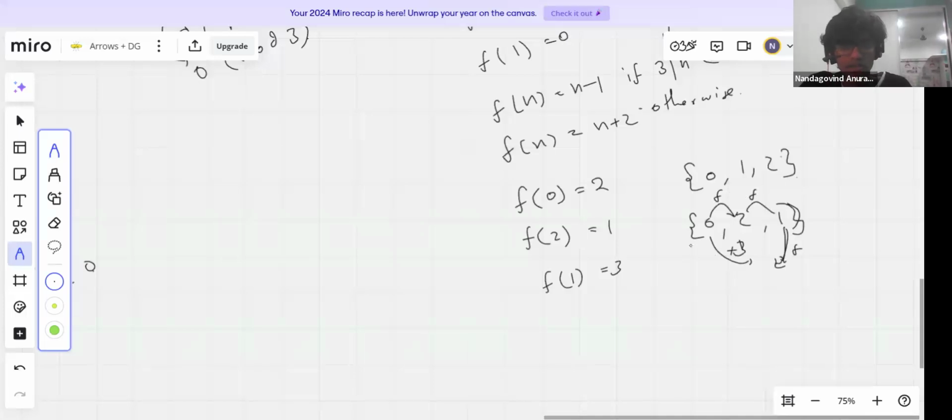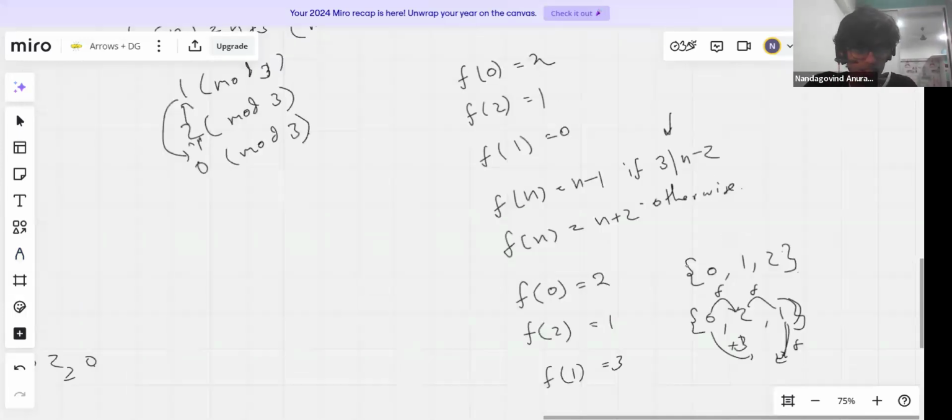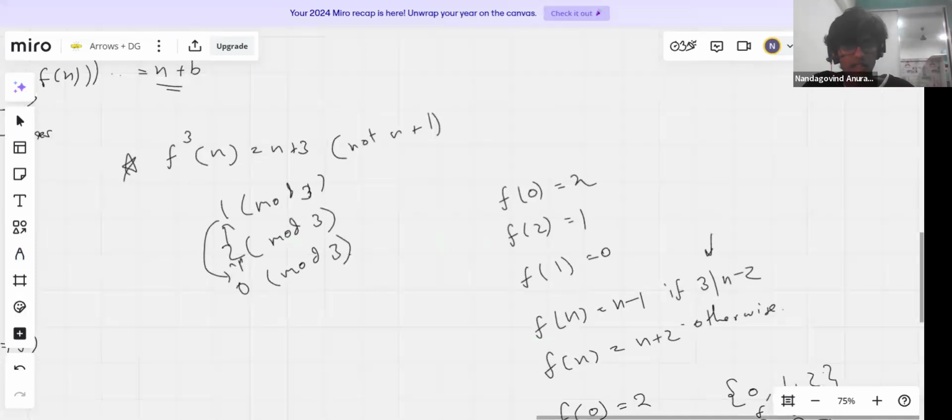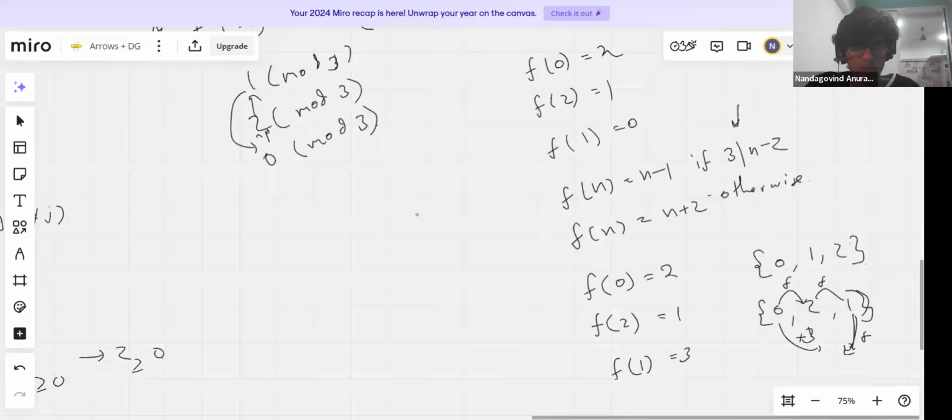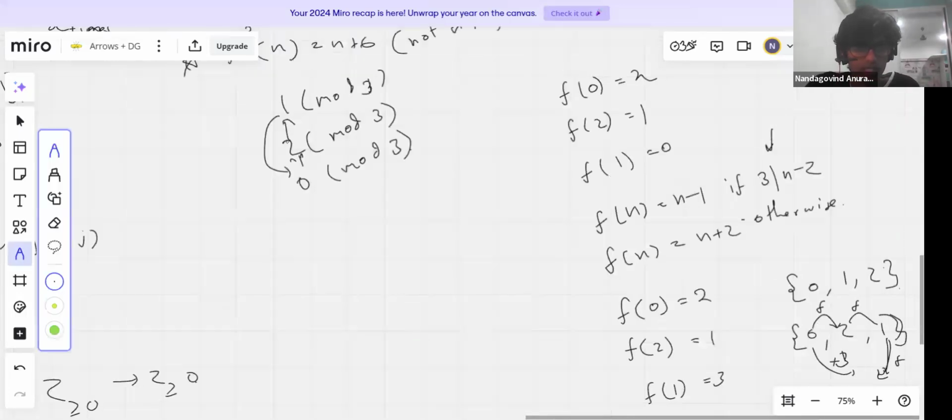Meanwhile, if this went up to, say, 6, then it would be pretty similar. 3 goes to 5, goes to 4, goes to 9.